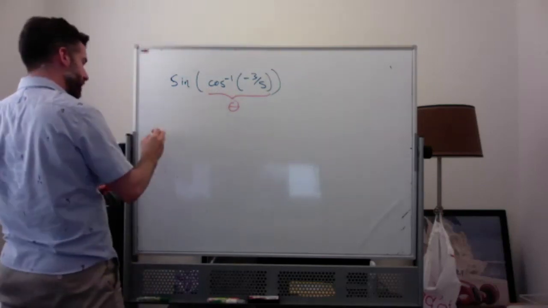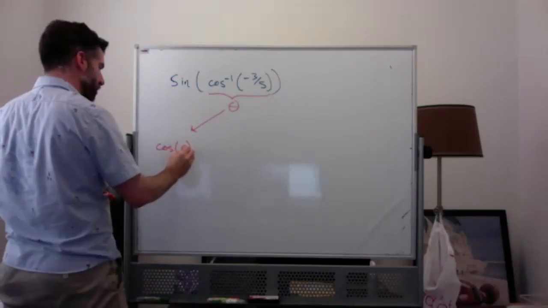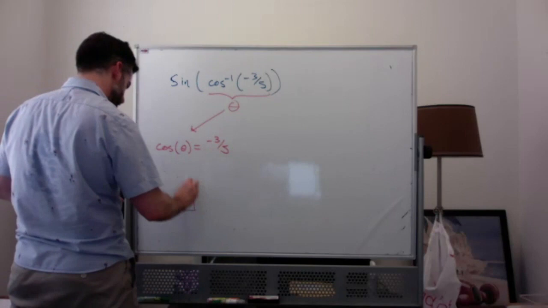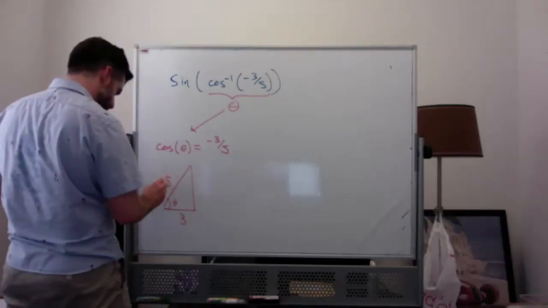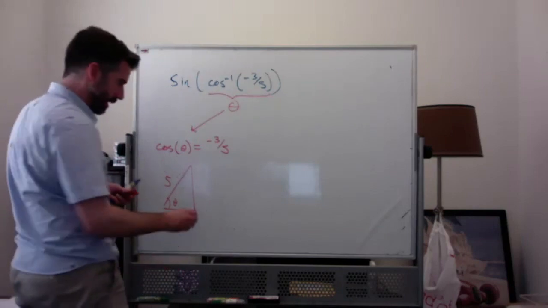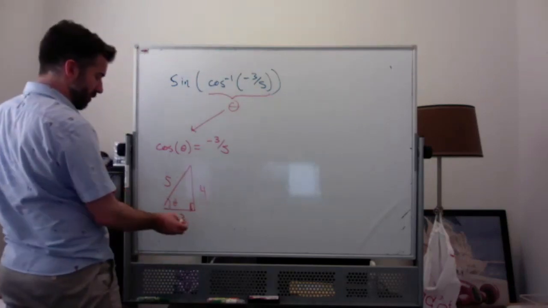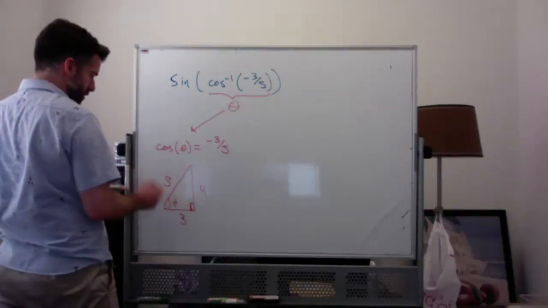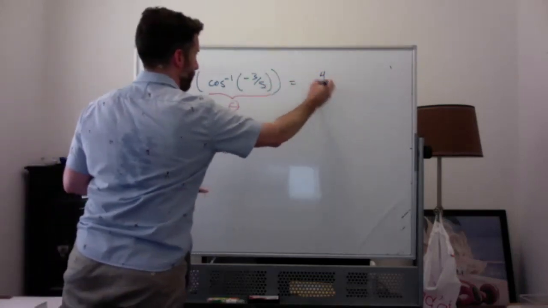So it's an angle such that cosine of this angle should equal negative 3/5. Again, you know I'm not going to write the negative. We know this other side is going to be 4, because again, this is a 3, 4, 5 triangle. So sine of this angle should equal 4/5.